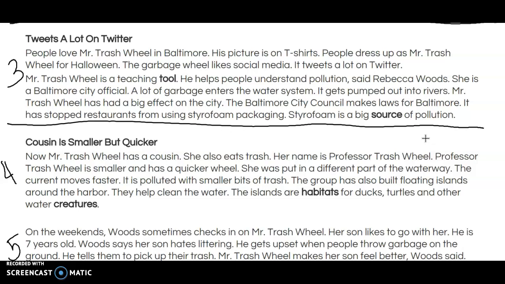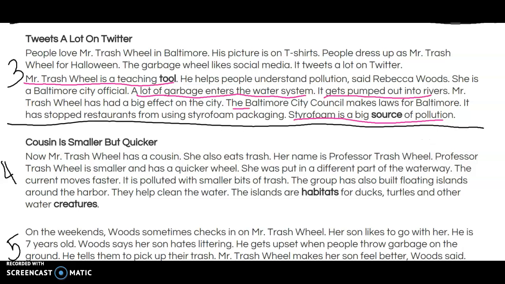Okay, so the first thing that we see here are two bolded words. So we're going to go ahead and underline those sentences because they are facts. Mr. Trash Wheel is a teaching tool. Styrofoam is a big source of pollution. Now, what else can we underline here would be a lot of garbage enters the water system and it gets pumped into the rivers.